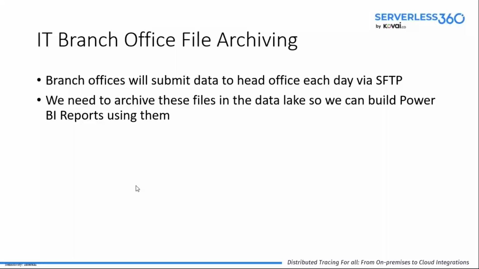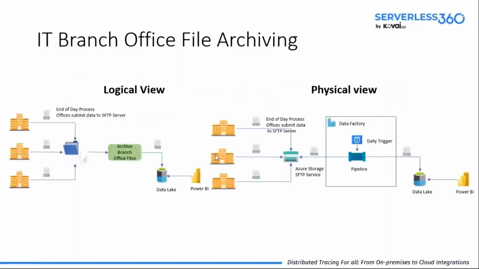You can imagine a number of bank branches, and the data is being submitted from all the branch offices to a head office by the end of the day, and this data is via SFTP. So it's going to be a file. So we need to archive these files into a data lake so that we can build a Power BI report using them. So that is the requirement here. So this data collected from my branch offices is being sent to my head office as SFTP files.